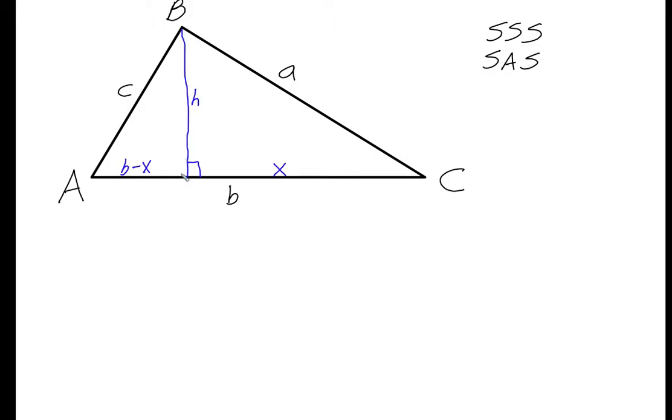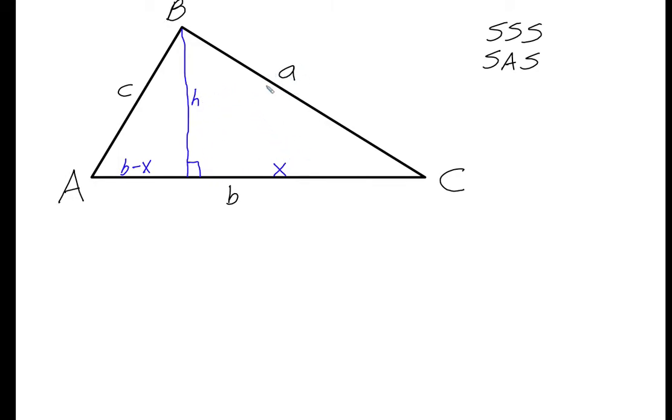Because I drew this line in at a right angle, I've got two right triangles, which means I can apply SOHCAHTOA, and I can also apply the Pythagorean theorem. We're going to do the Pythagorean theorem for both triangles, and we're only going to worry about SOHCAHTOA for one of them. So let's do the Pythagorean theorem for this right-hand triangle first.